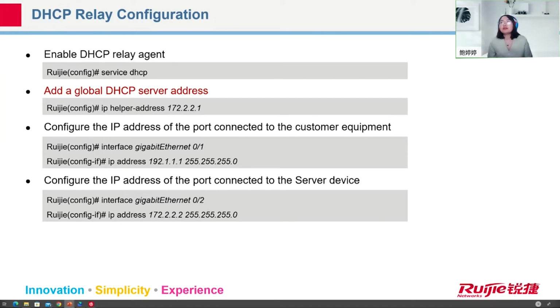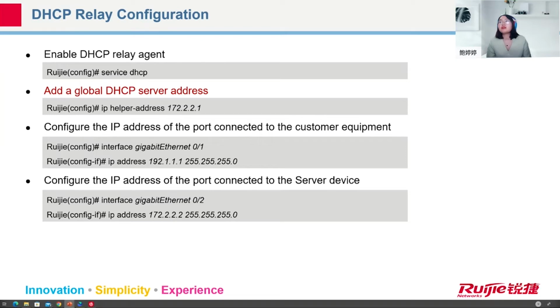The command is the same as the DHCP server, service DHCP. You only add this command on the device, then when I receive the message from the client, I can de-encapsulate the message and recognize the details and then convert it to a unicast message and send it to the next step.